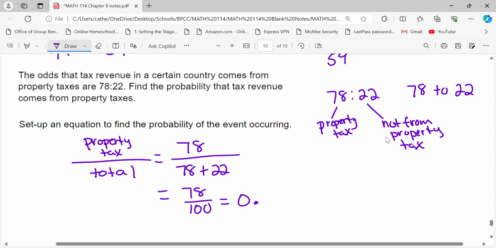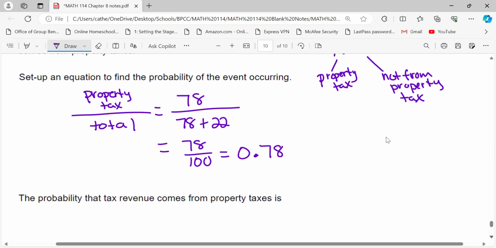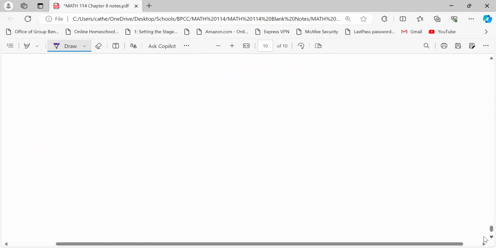And I do believe this is a decimal, if I'm not mistaken. Probability that the tax revenue comes from property tax, that's going to be 0.78. Okay. Anything else? I believe we're done.